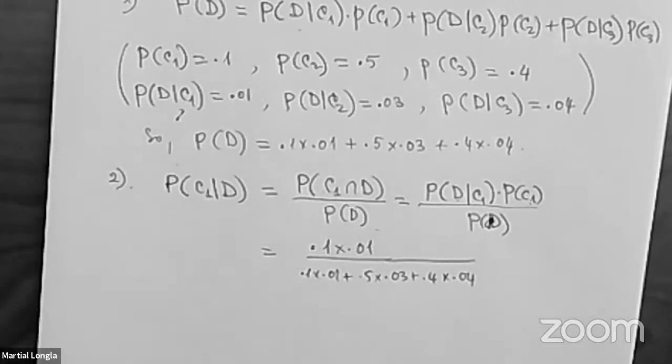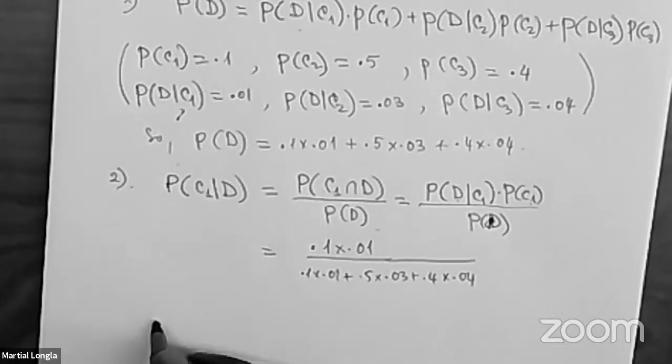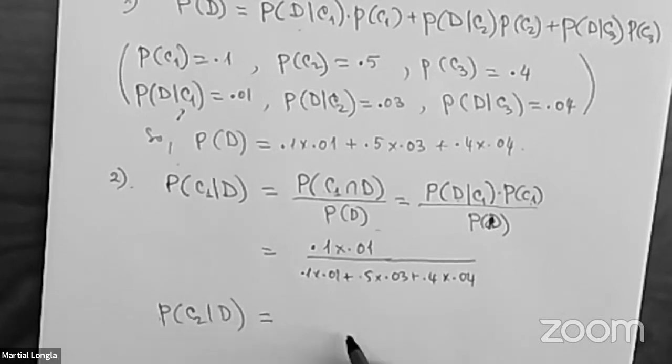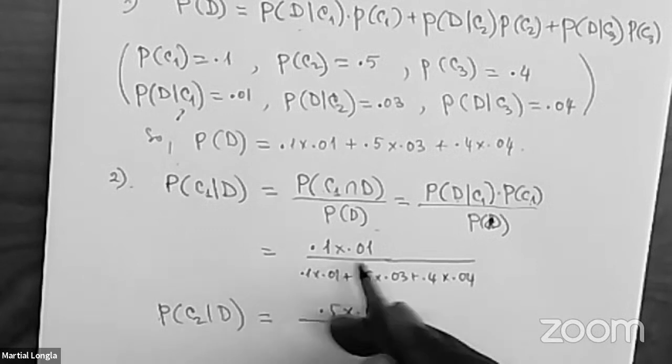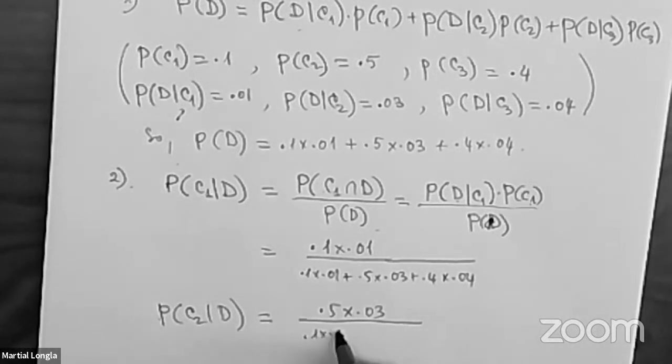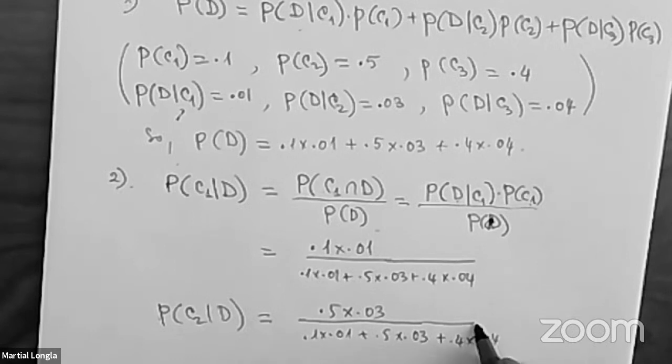Yeah. So, and then you do the same thing for C2 given D. For C2 given D, it's going to be 0.5 times 0.03 over that same denominator. And then for C3 given D, you will take the numbers for C3.